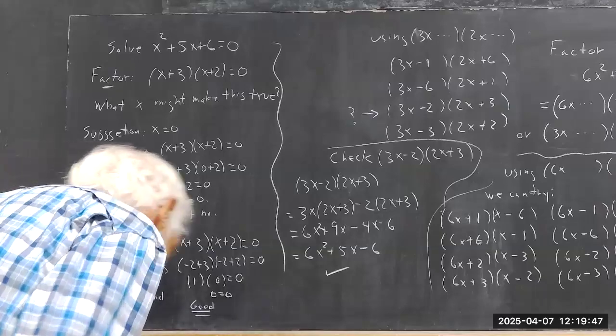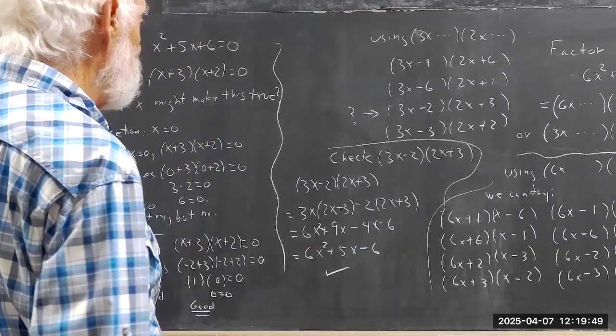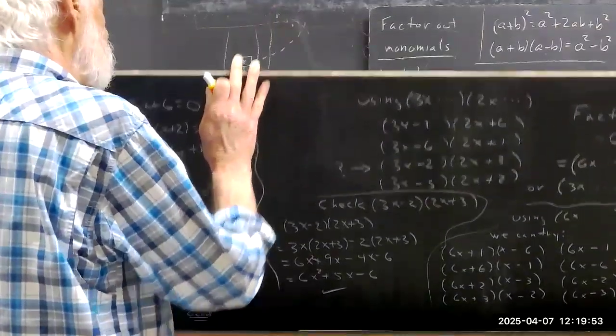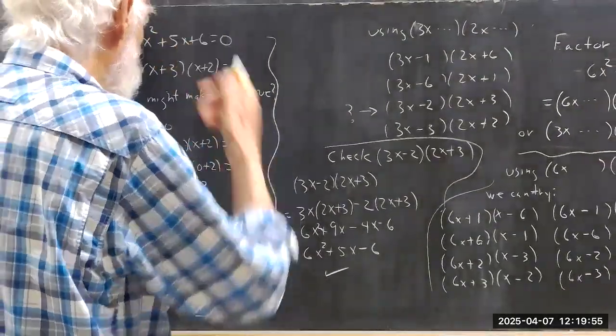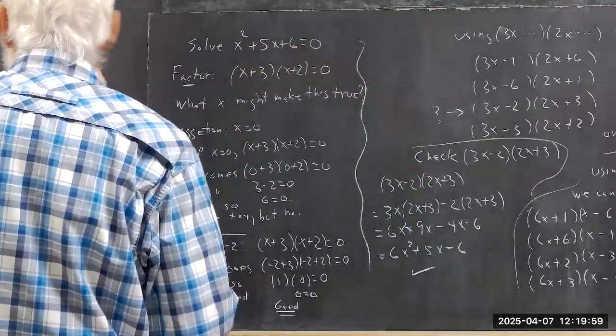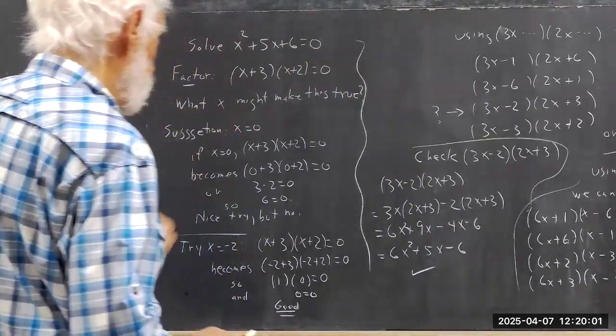The big question is, do I have anything to write on? Well, that'd be the back of the board. So I'm going to make a note down here, and then we'll work it out the way we usually write it.